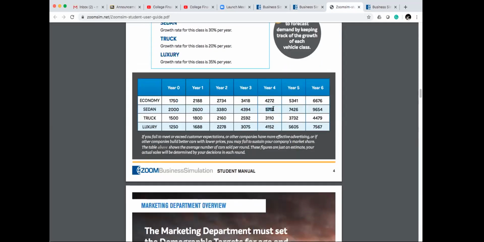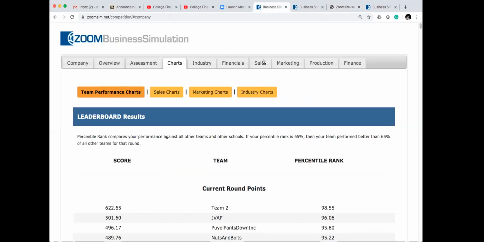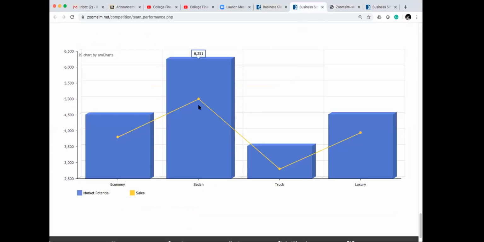So the average would have been 5,700, and then you forecasted only 5,000, but instead the demand was 6,000. You got a big bump because of your advertising, and the way you built your car was above average. So next year, I'd say your forecast should be definitely higher than the blue bar here. If you do everything similar, you should go off of this blue bar to forecast your sales, not the yellow.